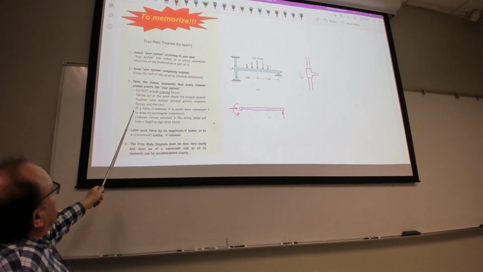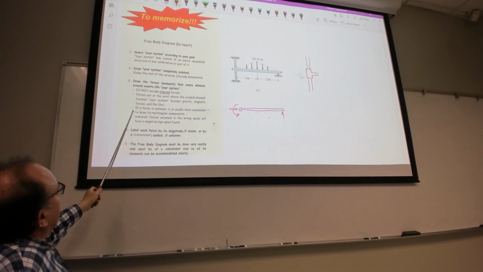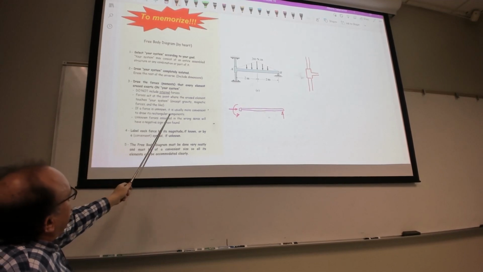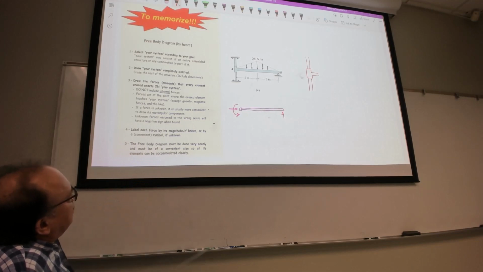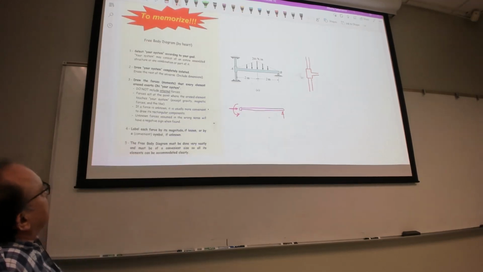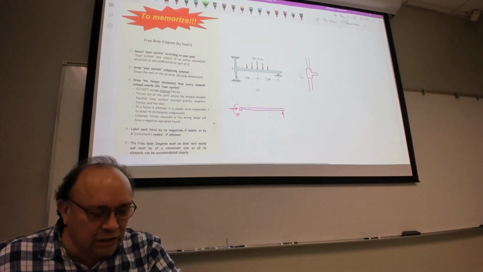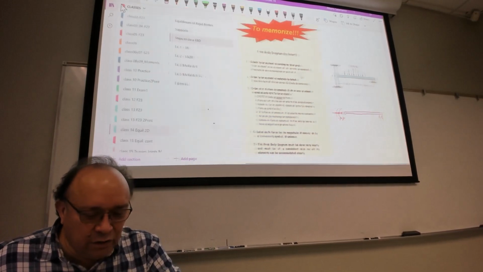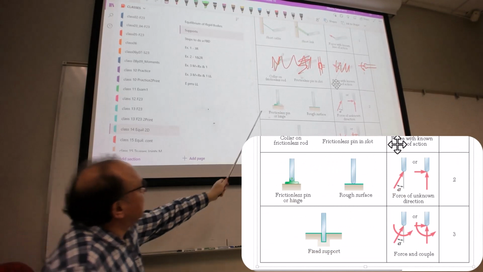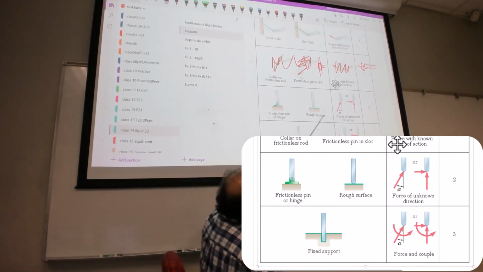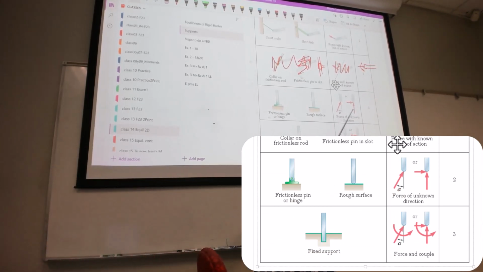Okay, what else? If a force is unknown, it is usually more convenient to draw its rectangular components. We don't have that case here. That was mentioned when I was talking about this kind of support. It's better to put the components instead of the force and the angle.